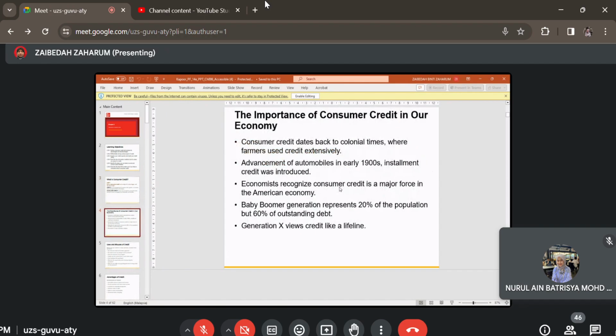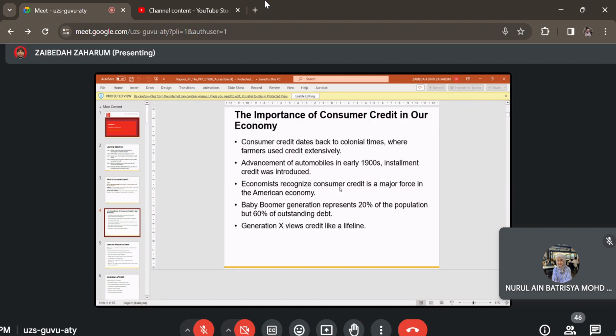The importance of consumer credit in our economy. So we look back, the consumer credit dates back to colonial times, where farmers used credit extensively. Macam zaman dulu-dulu, consumer credit digunakan oleh petani-petani secara extensively. And then advancement of automobiles in early 1900, installment credit was introduced.